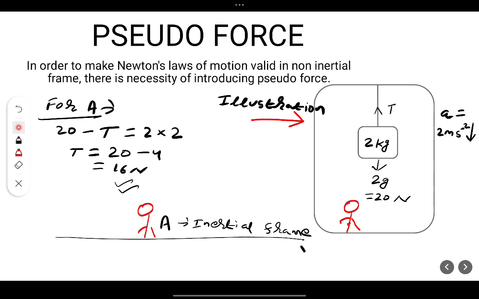With respect to this person B, who is in a non-inertial, accelerated frame, this 2 kg block is also moving with 2 meter per second square in the downward direction. So with respect to him, this block is at rest, meaning it is non-accelerated. Acceleration is 0 with respect to him. It is not moving, because they are in the same frame.